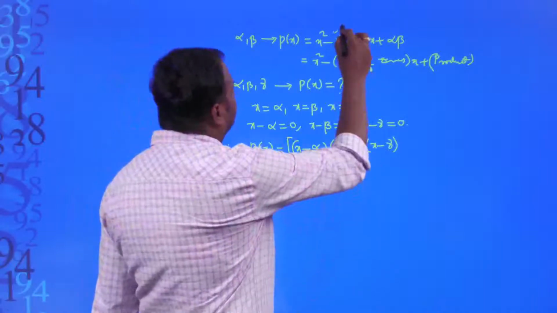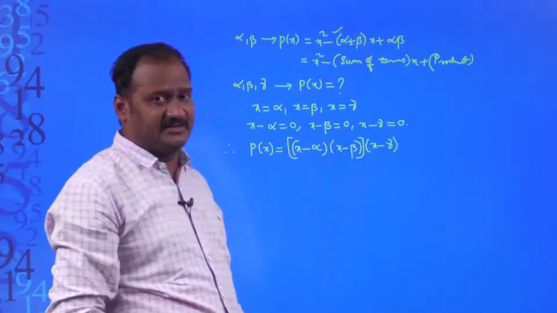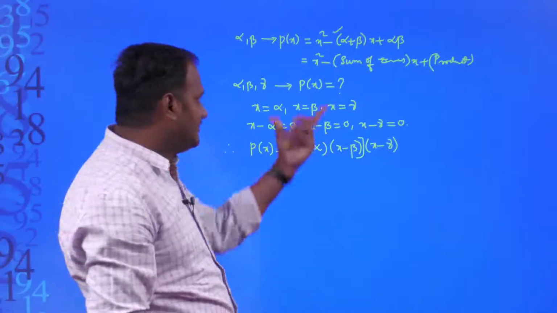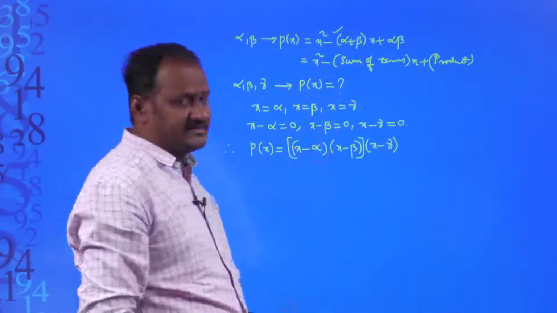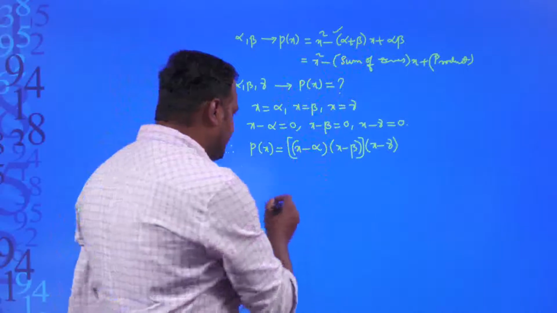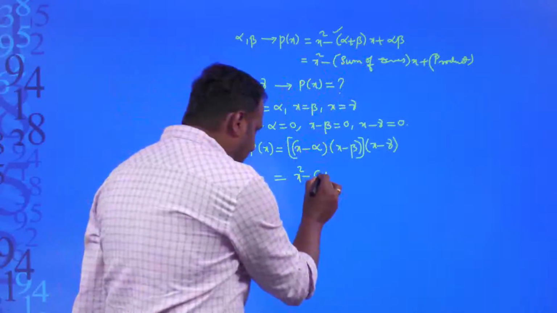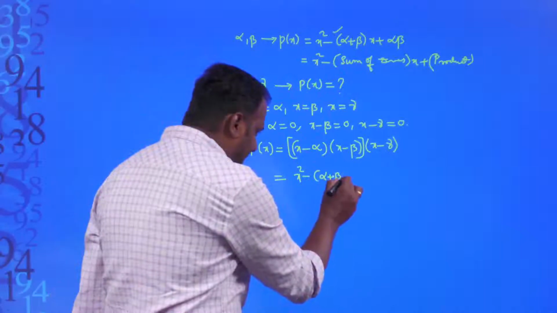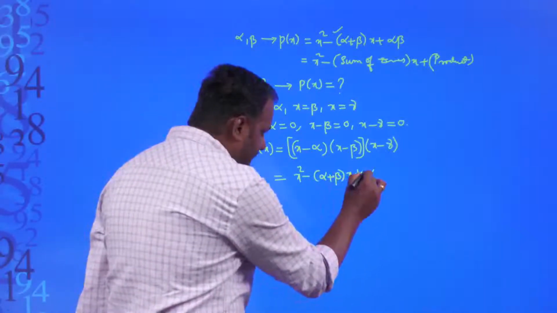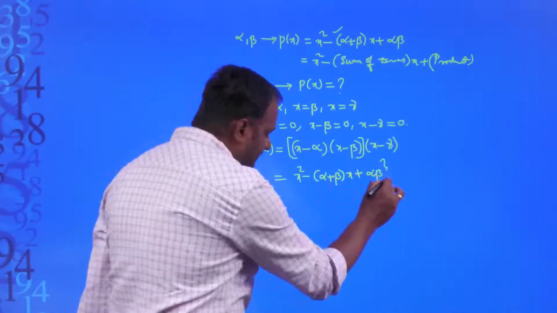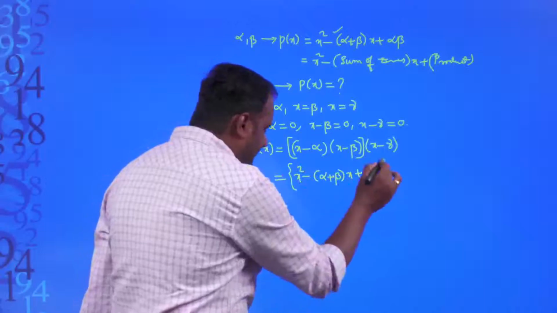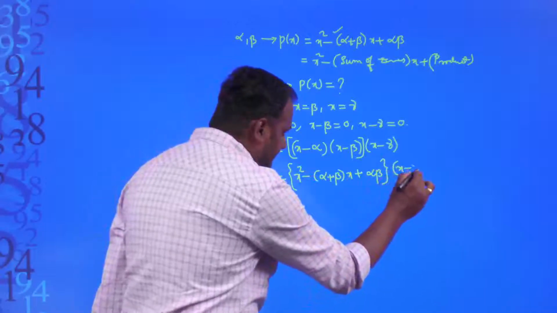Then we got x square minus (alpha plus beta) into x plus alpha beta. Let us write this instead of x minus alpha into x minus beta, which is equal to x square minus (alpha plus beta) times x plus alpha into beta, multiplied by another factor, that is x minus gamma.